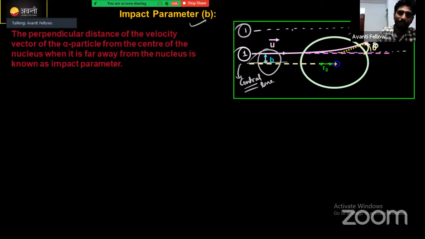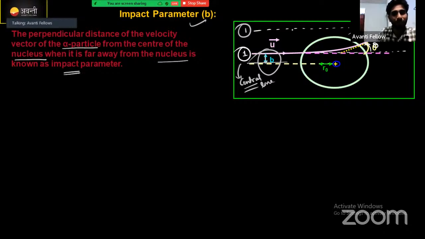The impact parameter can also be defined like this: the perpendicular distance of the velocity vector of the alpha particle from the center of the nucleus, when it is far away from the nucleus, is known as the impact parameter.